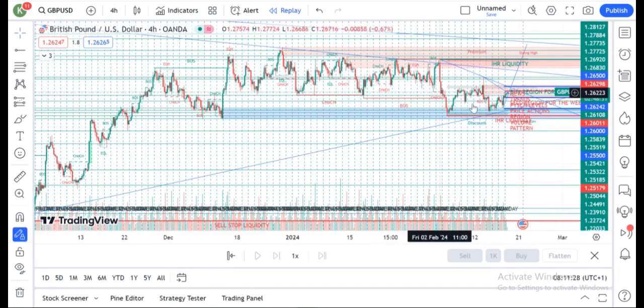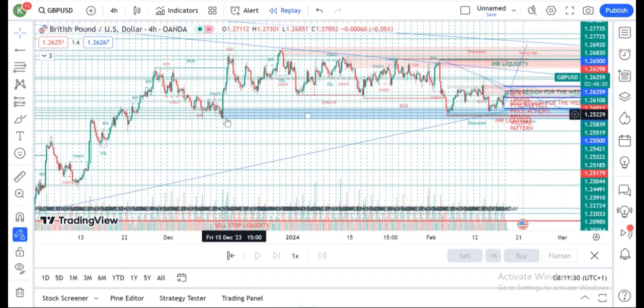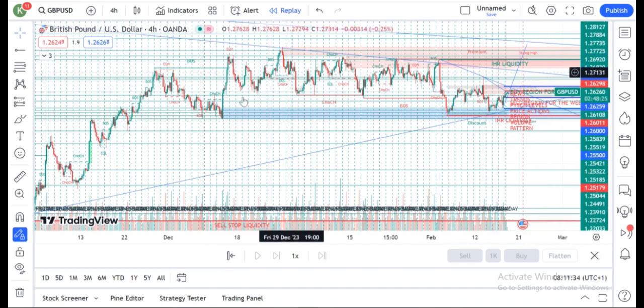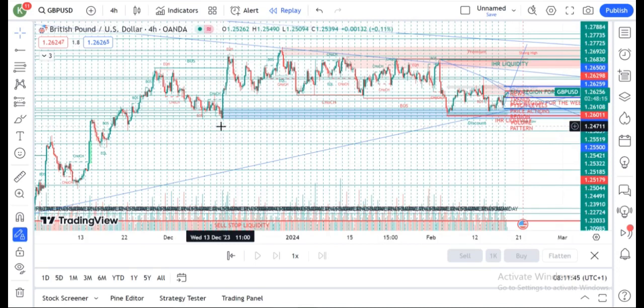If for any reason price breaks this low, then we'll be looking out for a bearish move. But if price does not take out this low, then we're going to keep on buying this particular pair for the rest of the week.